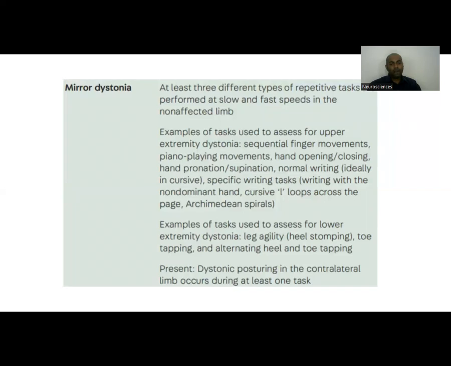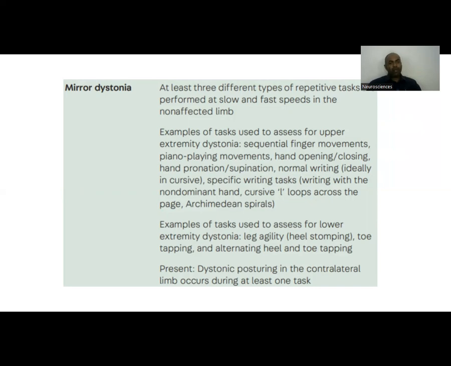How do we bring out this mirror movement? At least 3 different types of repetitive tasks are performed at slow and fast speeds in the non-affected limb. If we perform these tasks in the non-affected limb, then these movements occur in the affected limb.